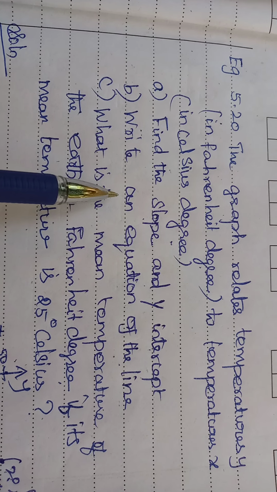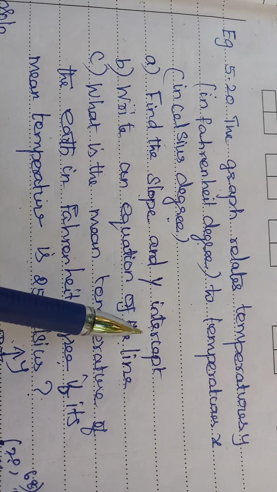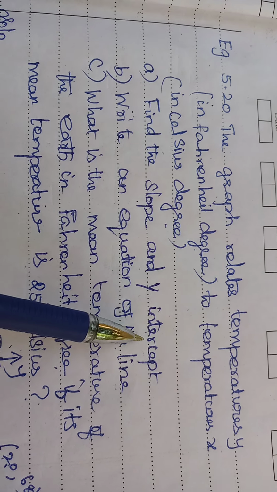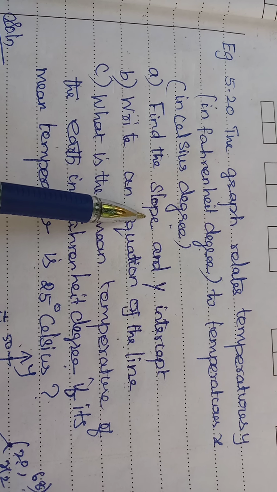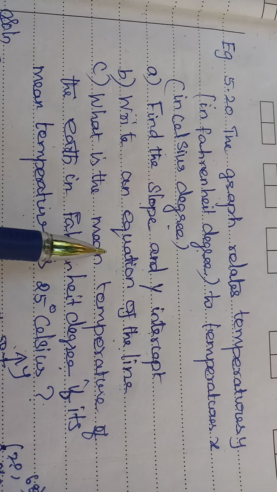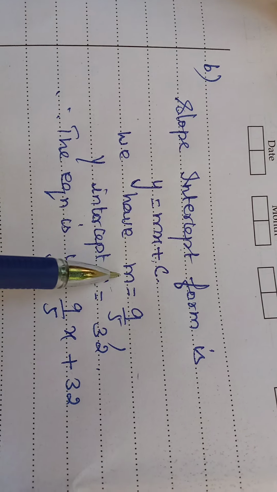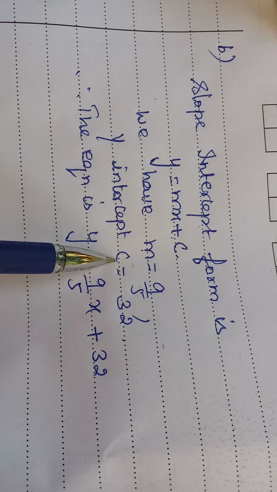Right, next subdivision is write an equation of the line. If there is slope and y-intercept, we can use the formula. What is the slope intercept form? Y is equal to mx plus c. So that concept we are going to use. Here we have m is equal to 9 by 5 and y-intercept c is equal to 32.